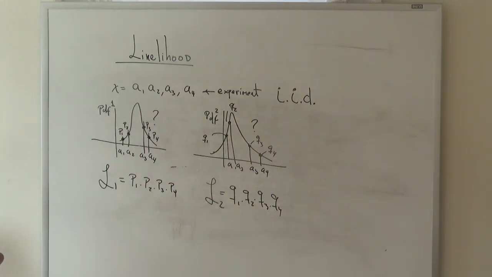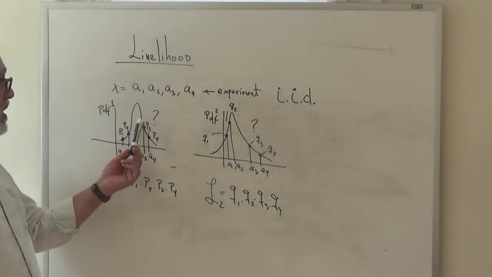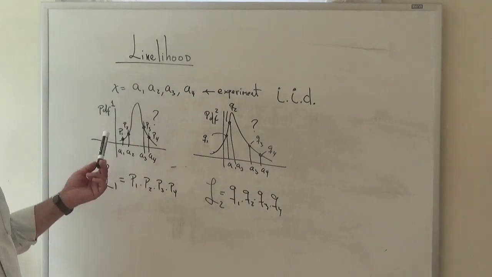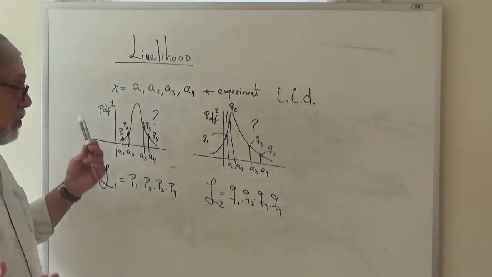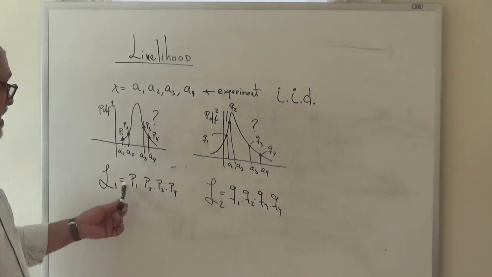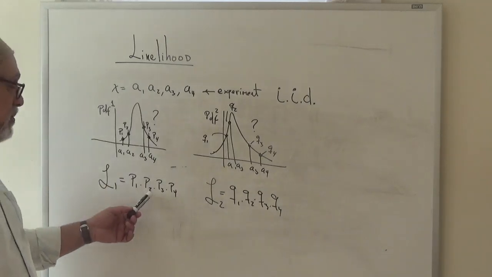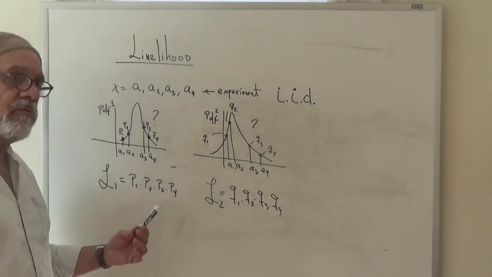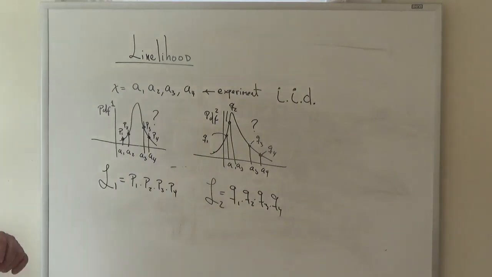Now, likelihoods are normally very small numbers because each one of these probabilities might be a small fraction. Depends on the application, but as you start getting large data sets, the likelihoods will be very small. Small times small times small times small times small. If you have 100 of them, it gets out of control. And for that reason and others, it is much more convenient, instead of working with likelihoods, to work with the logarithm of the likelihoods.